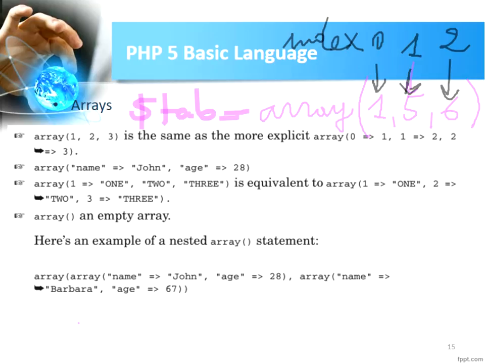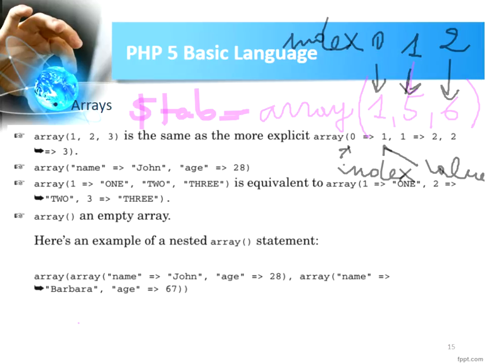So in PHP we can create an array by 2 manners, like this or like this. So if I write array, 0 implies 1, so 0 here represents the index, and 1 represents the value.